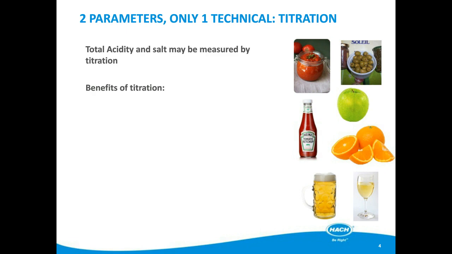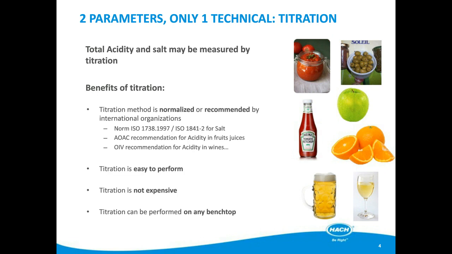What are the benefits of titration? Titration is a normalized, or very often recommended, method by international organizations. For instance, for salt, we follow two norms, and for total acidity in fruit juice or in wine, we follow the recommendations of different organizations like AOAC for fruit juice or OIV for wines.